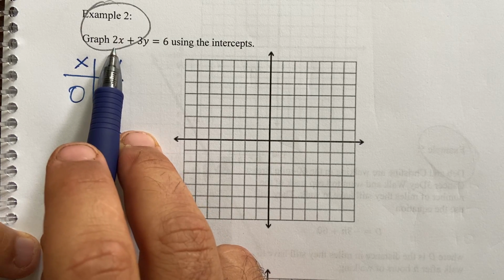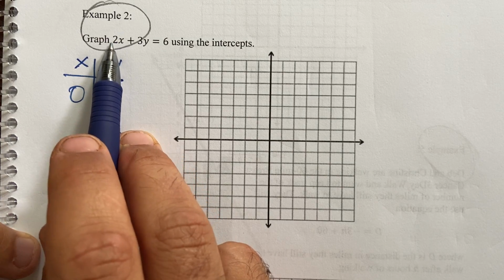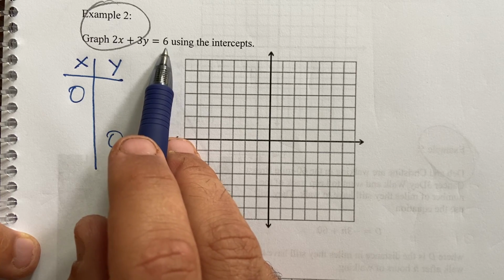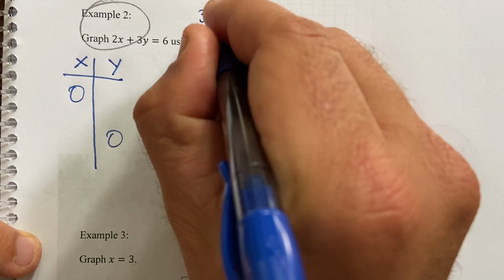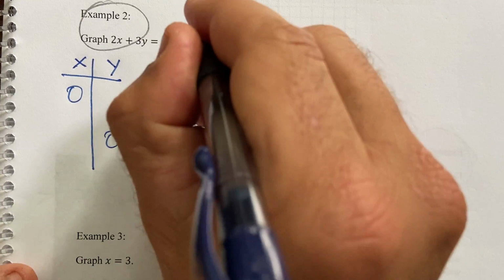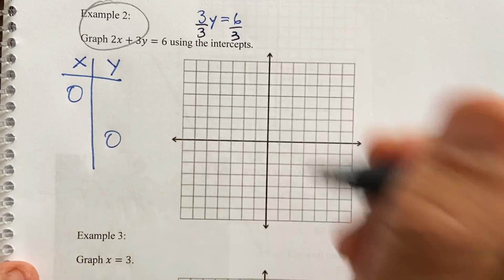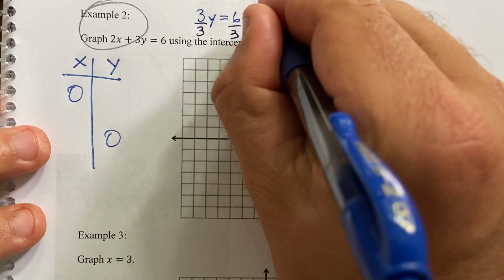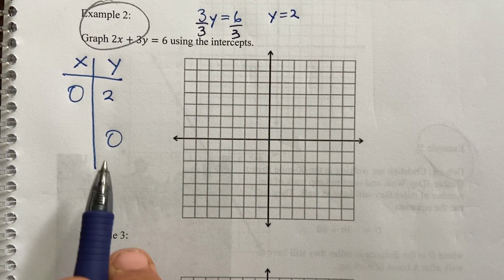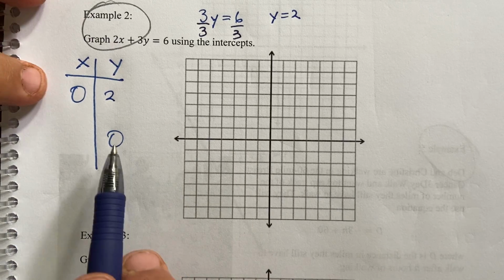So when x equals 0, this whole term just vanishes, right? And I have 3y equals 6. Solve 3y equals 6, divide by 3. So y equals 2. So that's the y-intercept, right? Because I let x equal 0.